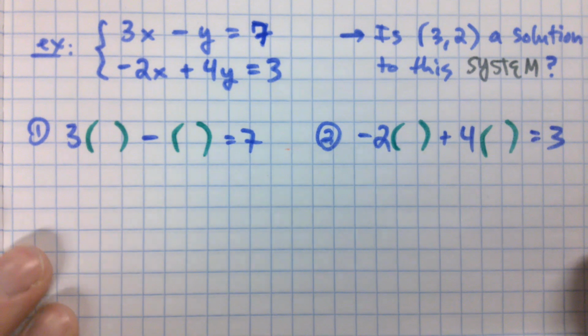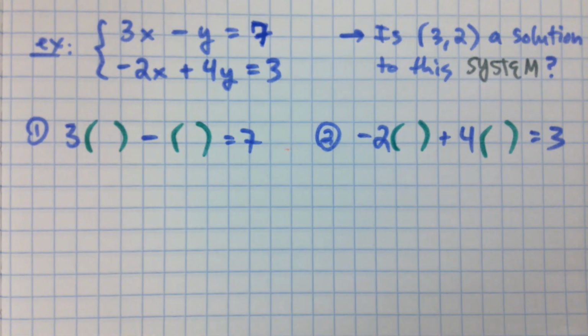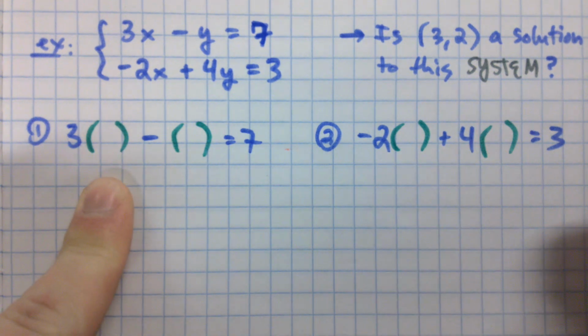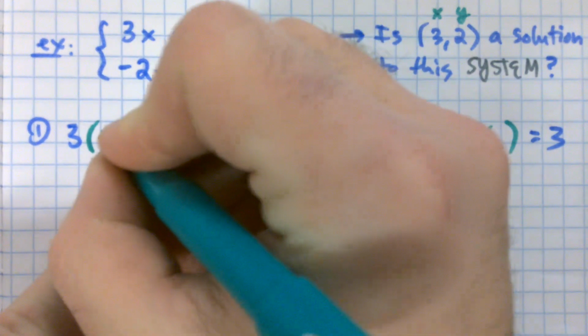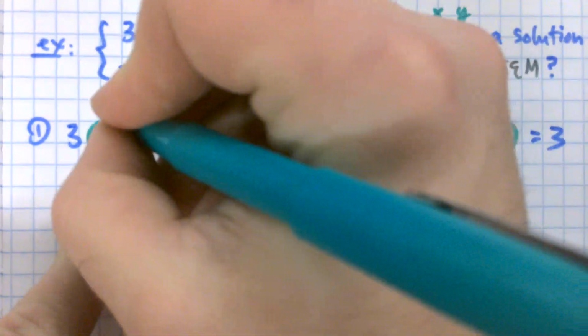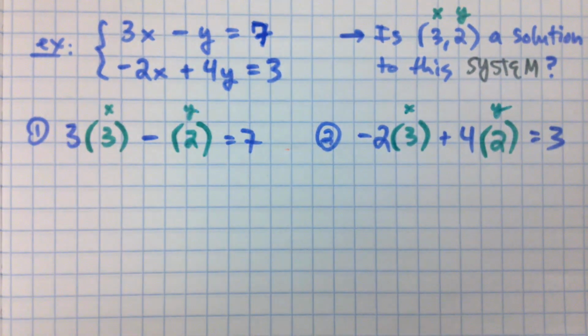So we're splitting this system up, taking a look at each equation one at a time, but we're plugging in the same numbers. What am I going to plug in for x? 3. What am I going to plug in for y? 2. 3, 2, x, y.